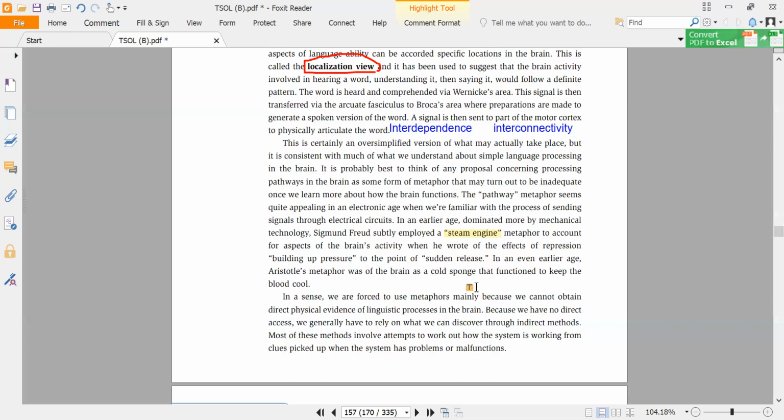But still, there are hundreds and thousands of differences between the human brain and a computer system. The human brain and human mind are much more complex than a computer system. The richness of the human mind and human brain cannot be captured as easily as that of a computer hard drive or memory, because that is something man-made, right?